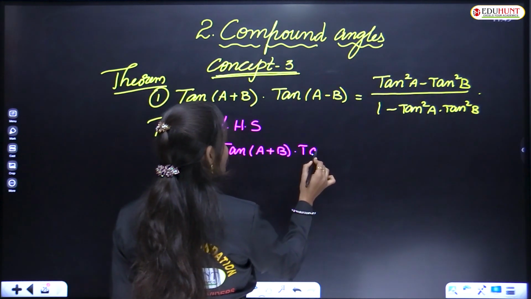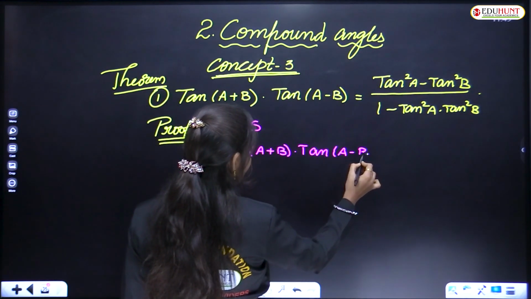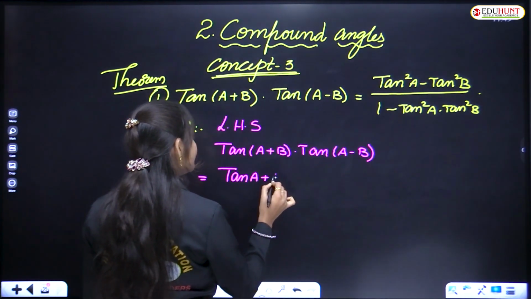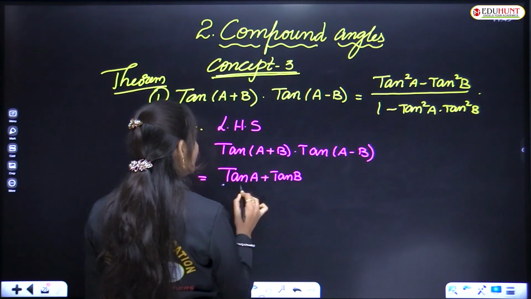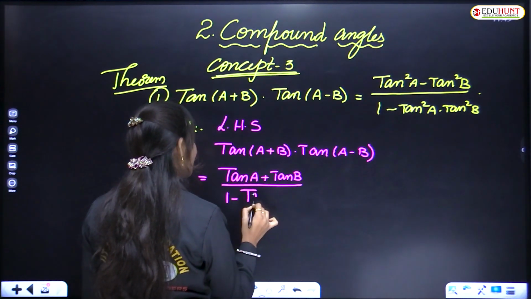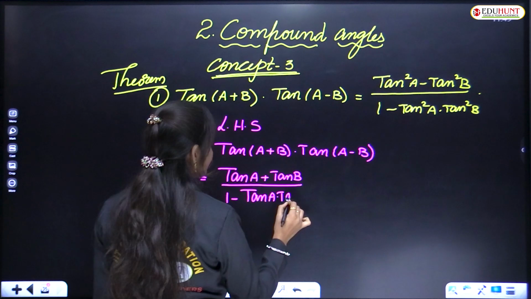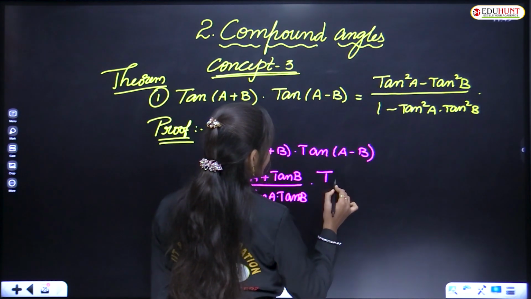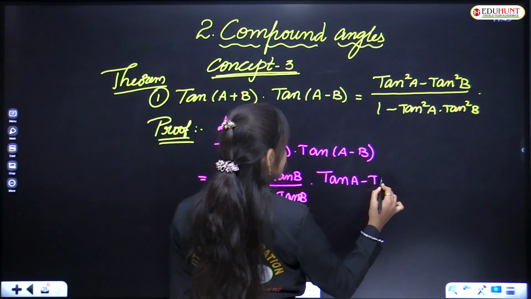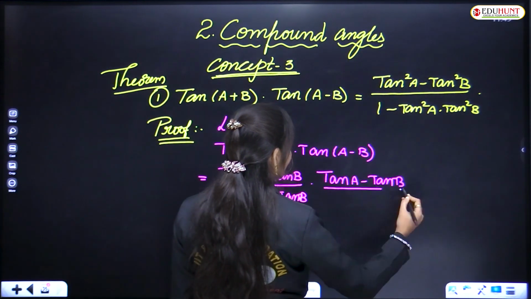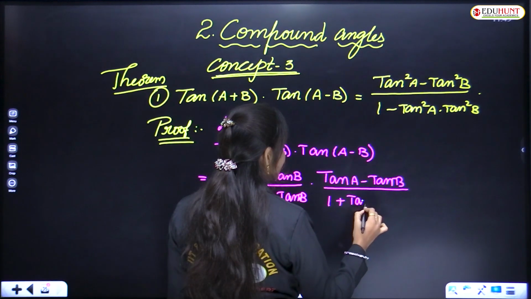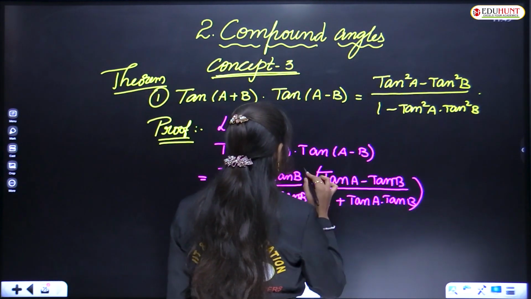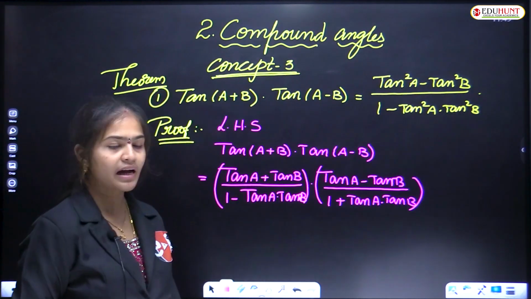Directly apply the formulas: tan a plus tan b, whole by 1 minus tan a tan b, into tan of a minus b, which is tan a minus tan b, whole by 1 plus tan a tan b. Here we have to do this product.